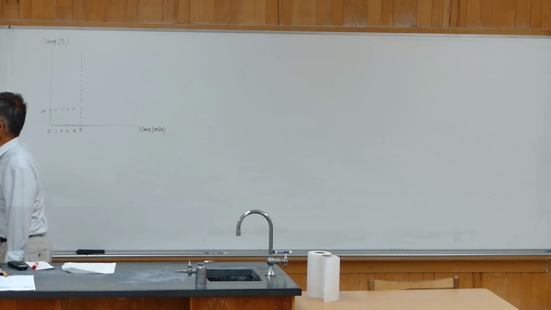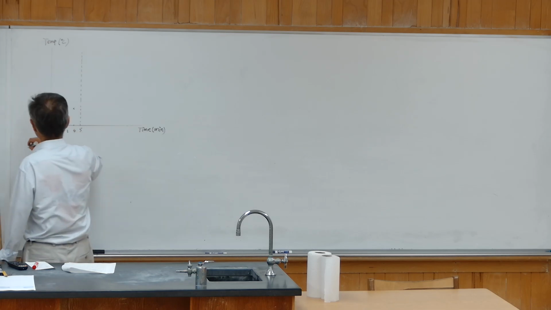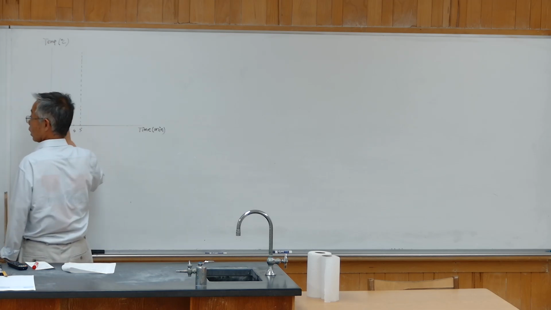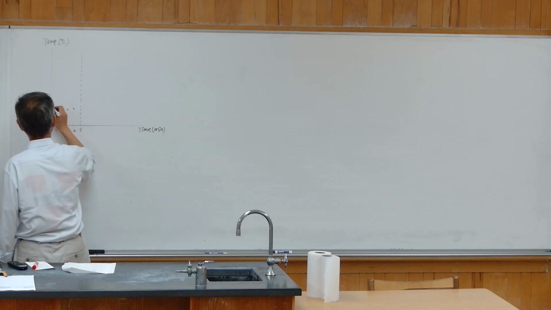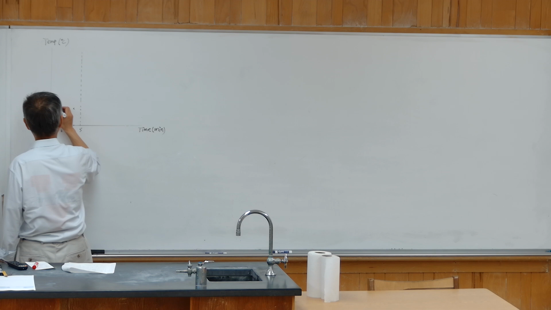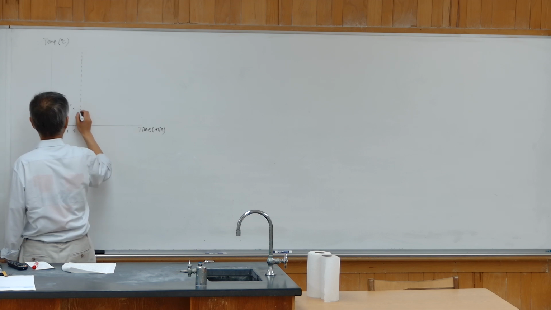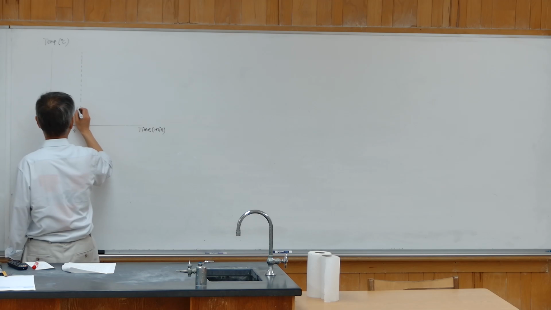Then the temperature of NaOH starting at 0.5. Maybe this is 21, and this is 20.5, and 20.5, maybe 21 again, then 20.